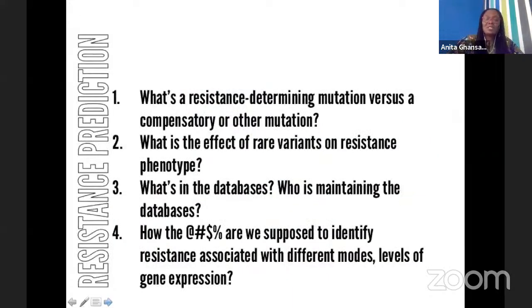Now, for drug resistance, we can also use pathogen genomics to predict resistance. There are many mutations in the genome. Some may be compensatory, but some may also lead to resistance. So you can look at which of the rare variants will predict a resistant phenotype.